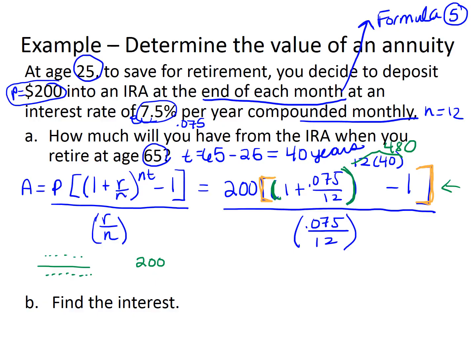Just remember, make sure you have the same number of forward parentheses as backward parentheses. There's no bracket on the calculator, you just use parentheses. So you have parenthesis, parenthesis, 1 plus 0.075 divided by 12. And remember that "divided by" is just the division sign, raised to the 480, minus 1, close the parentheses.